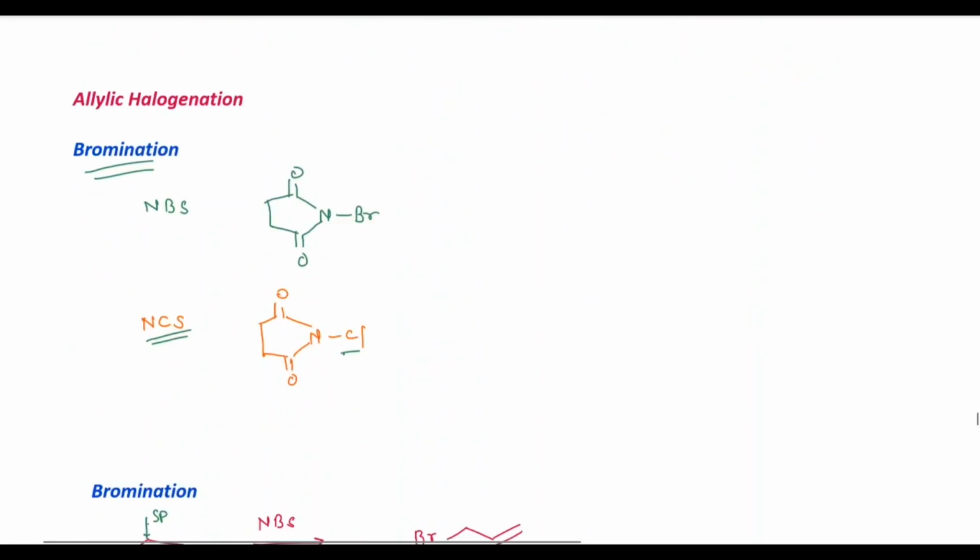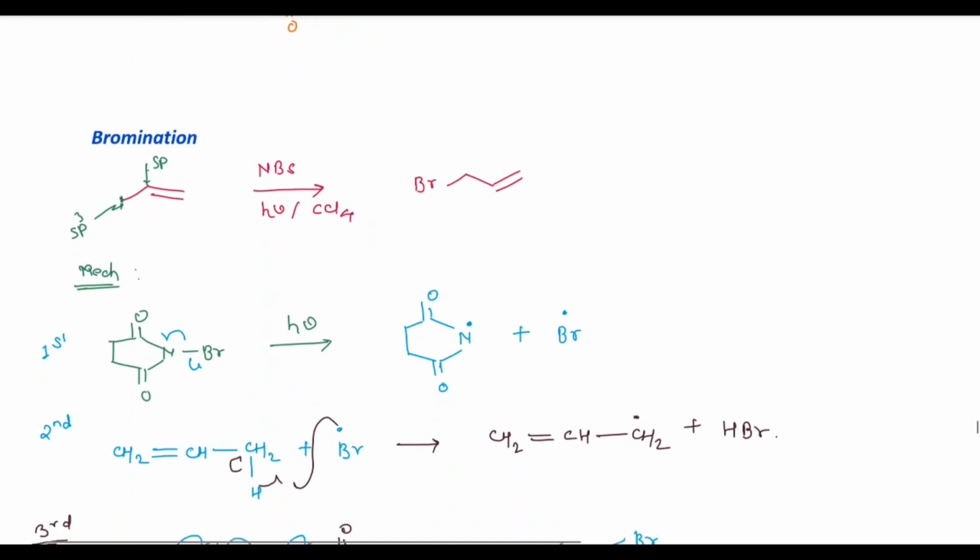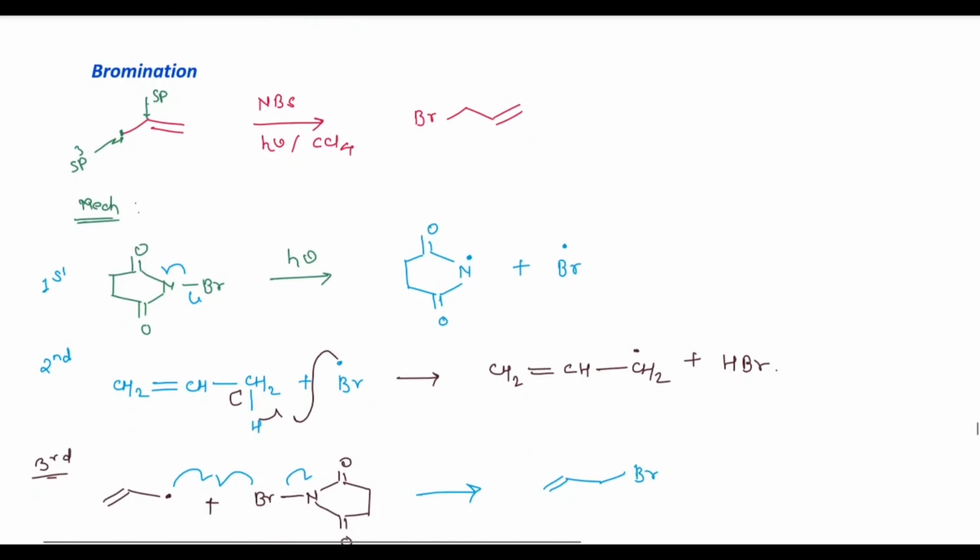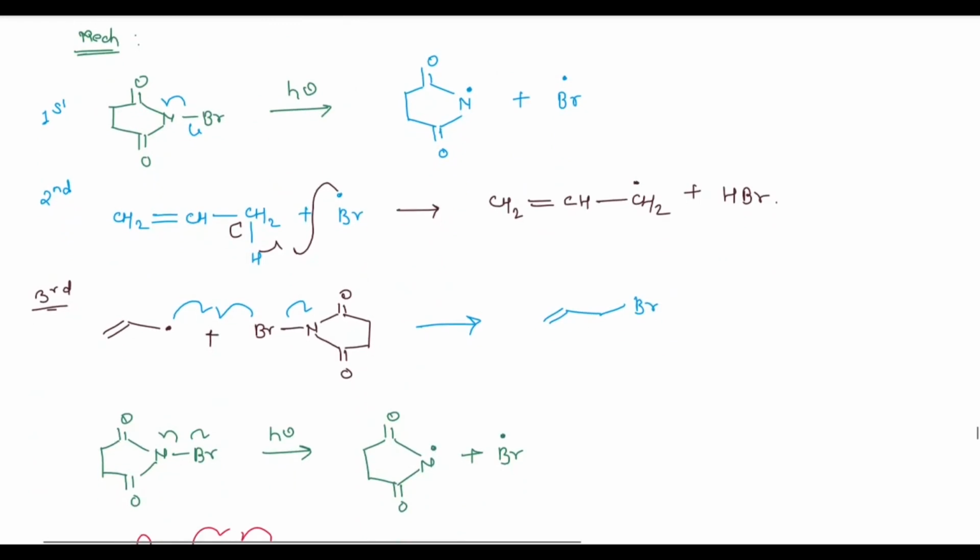After monohalogenation, we saw allylic halogenation using NBS, that is N-bromosuccinimide, by taking an example of this reaction and the mechanism involved in it.